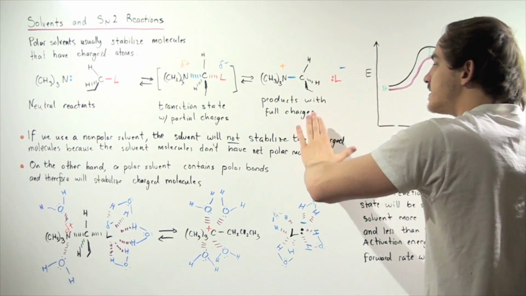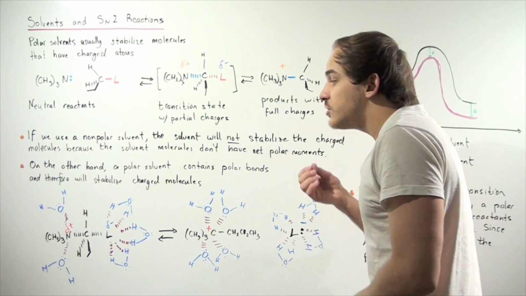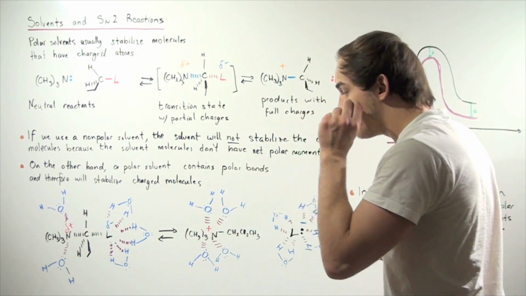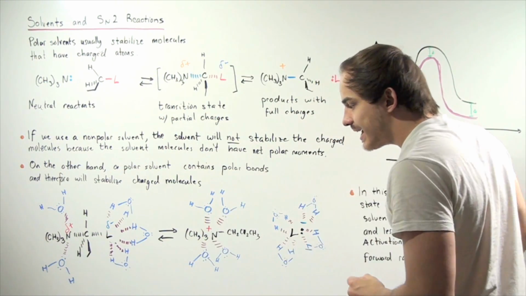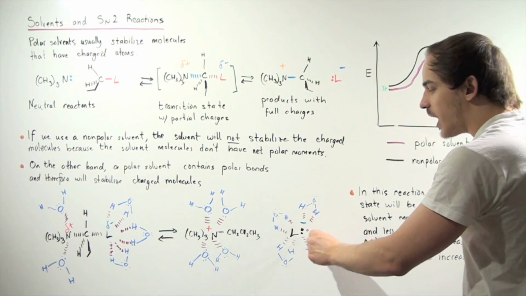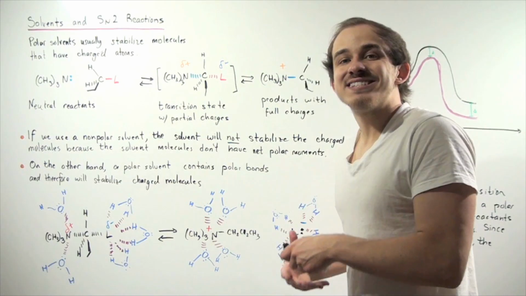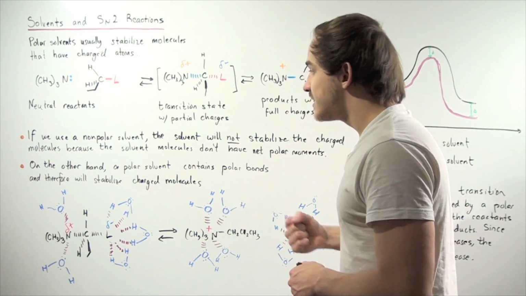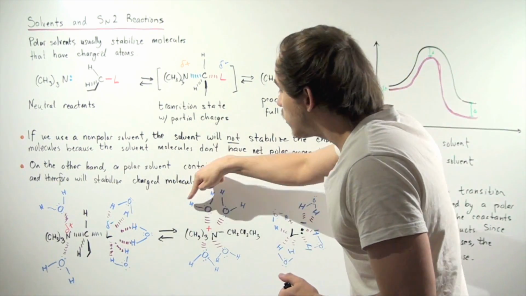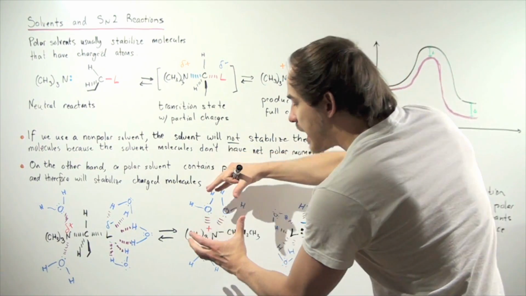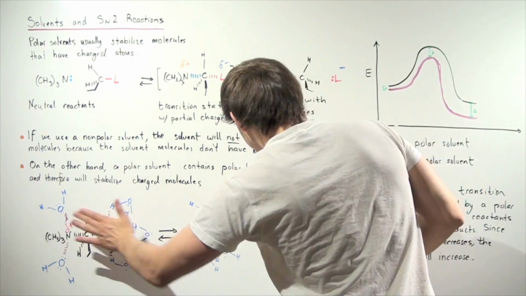Now let's look at this situation. Now we don't have a partial positive or negative, so we're going to have a full positive charge on the N and a full negative charge on the leaving group. The larger our charges, the more stabilizing our polar solvent is, because the more bonds we can form. Notice how we have more oxygens now around this larger charge than before.